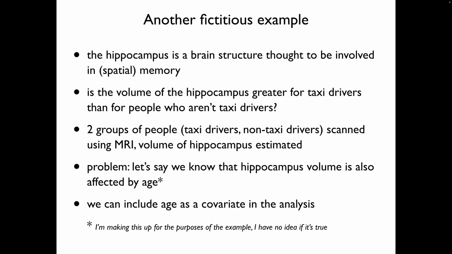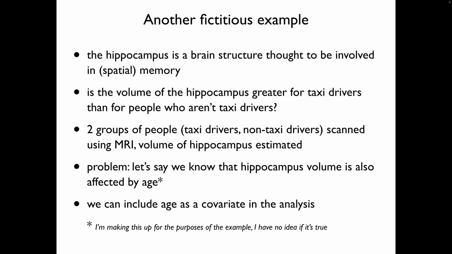But let's say we also know that the hippocampus volume is also affected by age. Now, just note that I'm making this up for the purpose of this example. I don't know actually if the hippocampus volume is affected by age. I suspect it is, but this is just for the purpose of illustration.